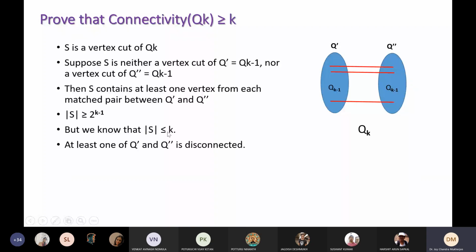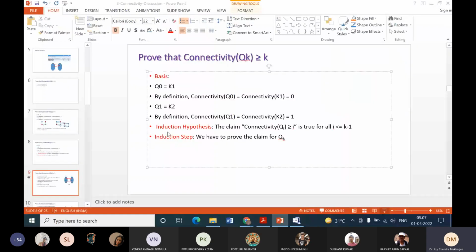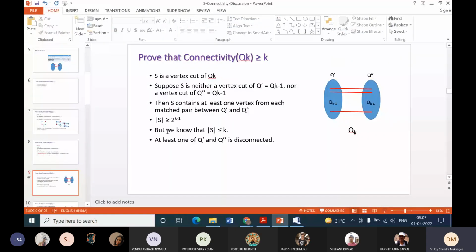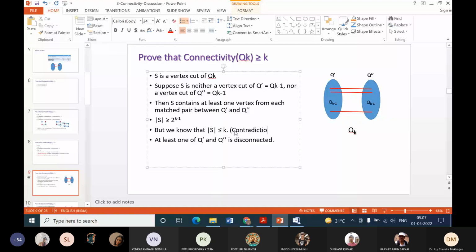Here we know that the size of S is less than or equal to k, so it is a contradiction. Since it is a contradiction, what we supposed is wrong.